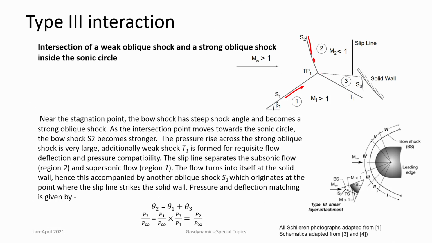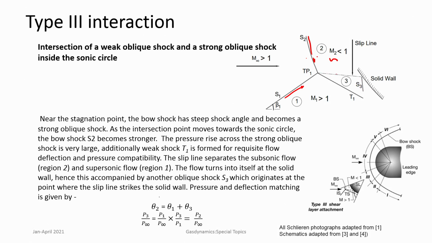And here a slip line is formed between two regions, which is first region 2, which is downstream of a strong shock. So, subsonic flow here, M2 is less than 1, but region 3 which is downstream of an oblique shock. So, in region 3 Mach number is greater than 1.